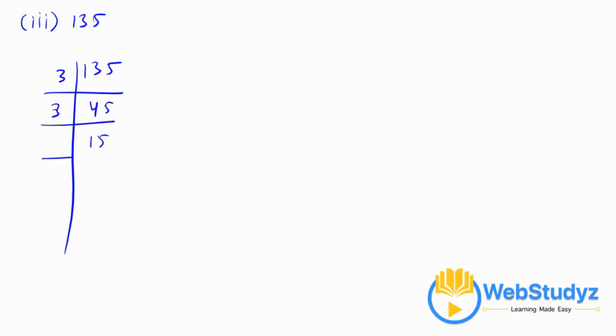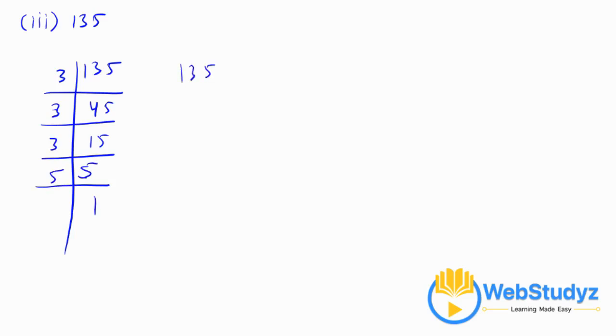Now move on to the third one, which is 135. Taking the LCM of 135, it can be divided by 3, which will give 45. Again dividing by 3, we get 15. Again dividing by 3, we get 5. Now dividing by 5, we get 1.